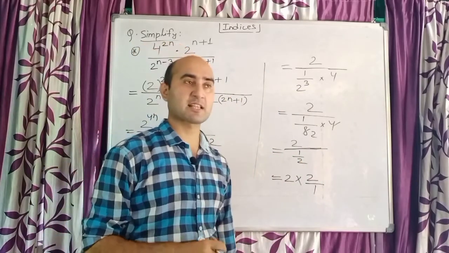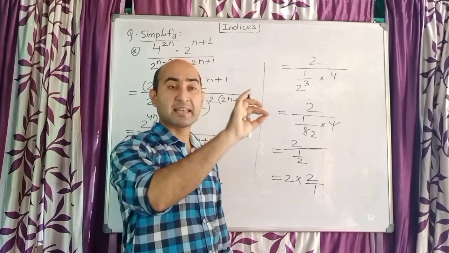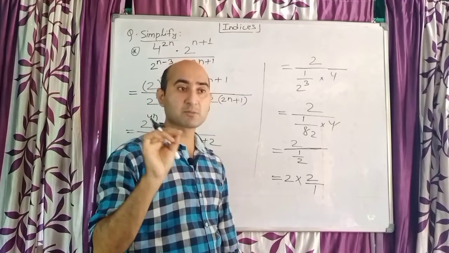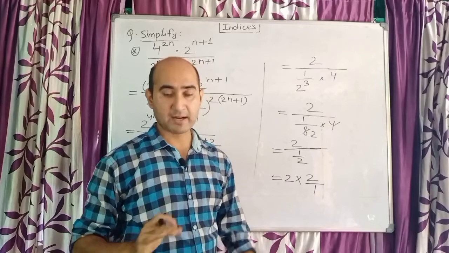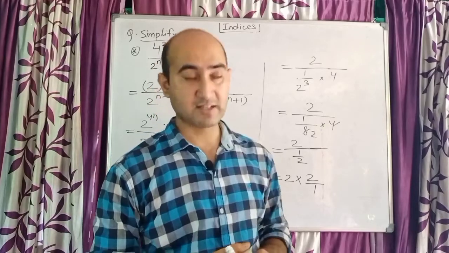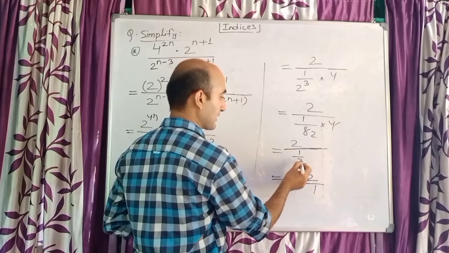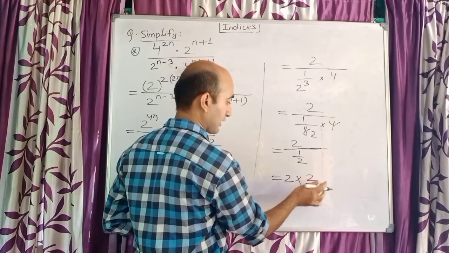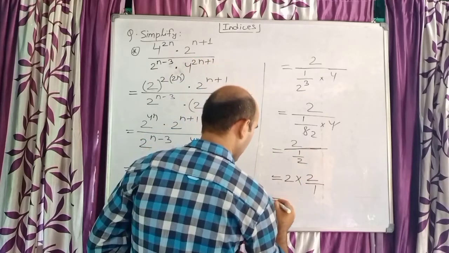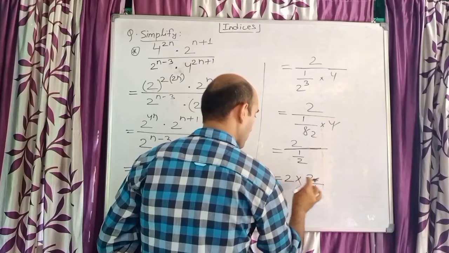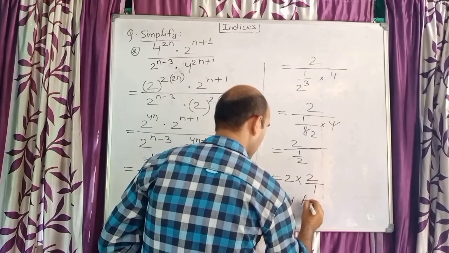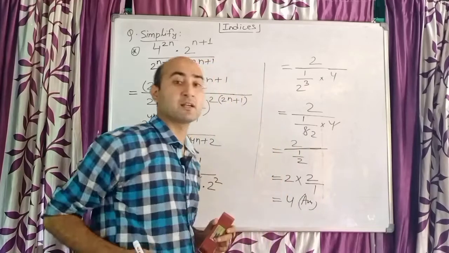It was taught in the previous classes also. When you make a division multiplication, the numerator and denominator interchange. Now 1 at the base has no value, so 2 to the 4 is our answer. So this is our simplification.